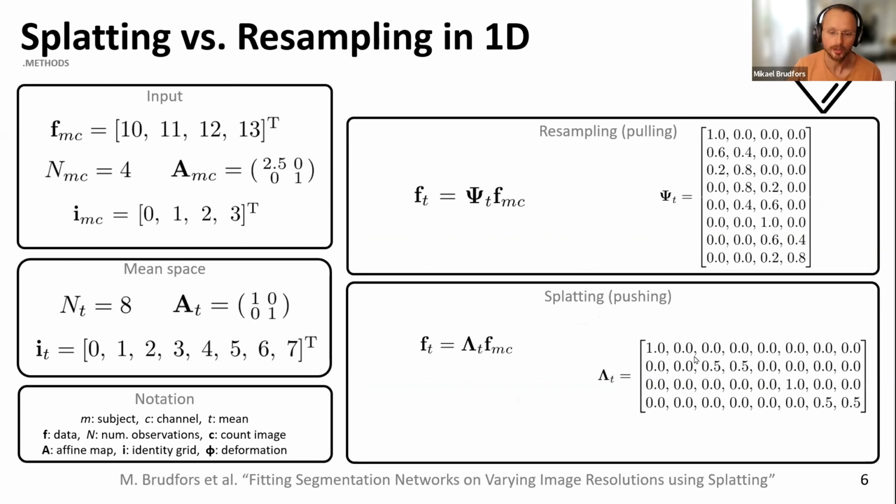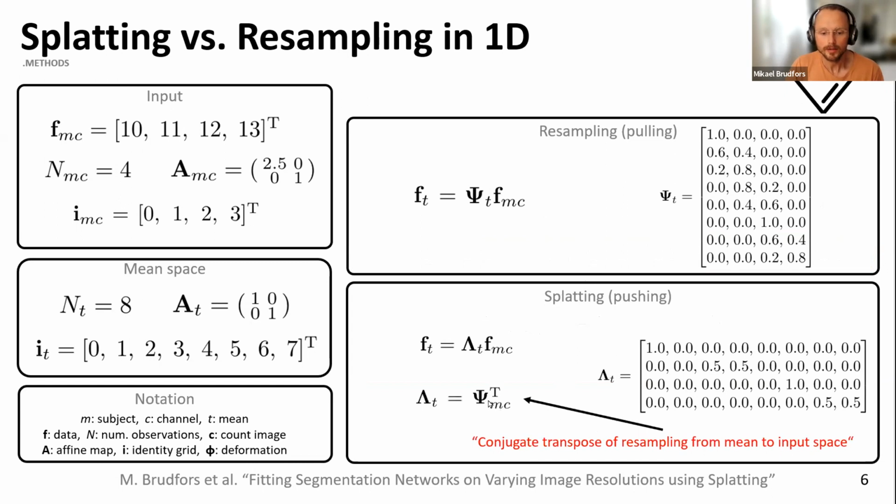There's more information in the paper because I know this might be a bit much to take in. The important thing is that the two operations are actually adjoint operators. And this is important when we put this into a segmentation network, because we will have one operation at the head and one operation at the tail of the network. I'll say a bit more about this in the next slide.